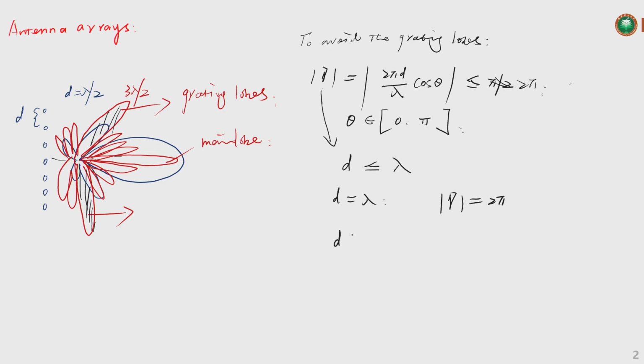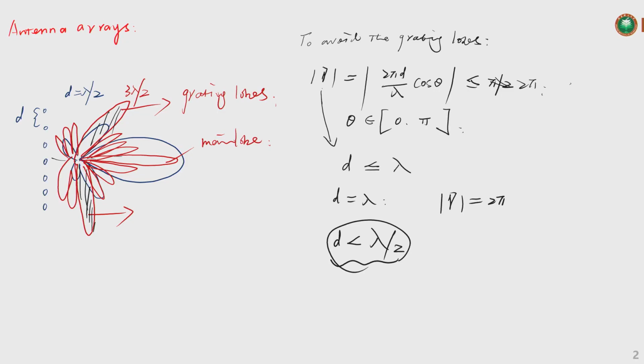So when we design the antenna arrays, we set d smaller than lambda to avoid the grating lobes. This is a main consideration when we design antenna arrays. Usually we set d as half of lambda, to ensure that the grating lobes disappear.